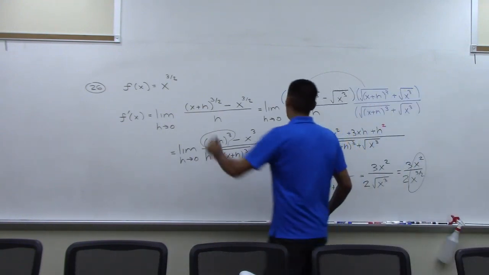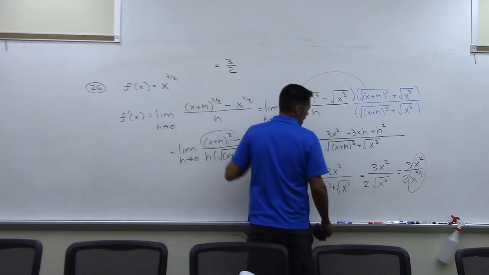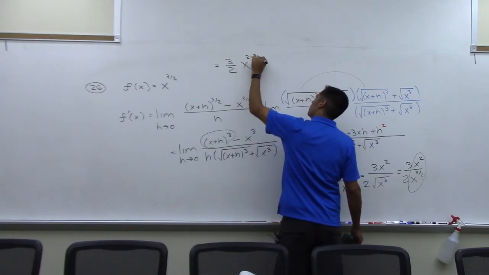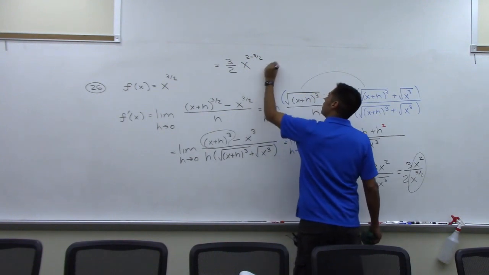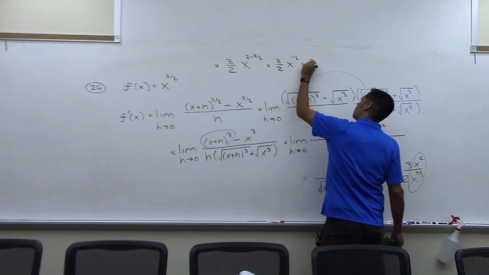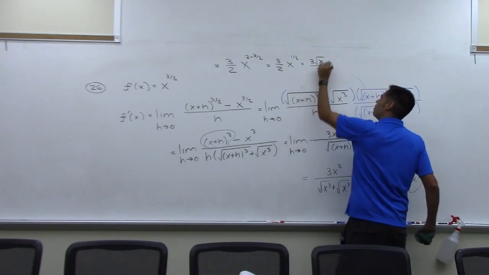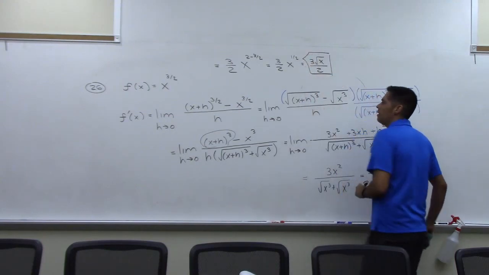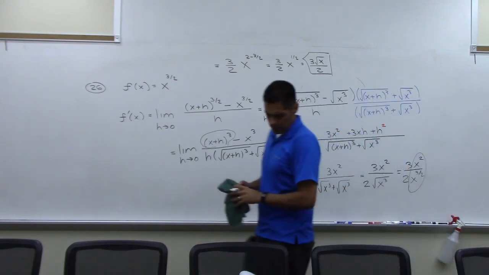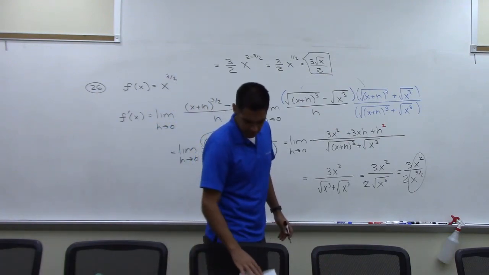So we'll get that that's equal to 3 over 2, and then I'm going to be doing x to the 2 minus 3 halves, which is going to be 3 halves x to the 1 half, which is 3 root x, because x to the 1 half is the square root of x, over 2. There we go. And that's it. Interesting. I'll let you do 27. I think that's doable.